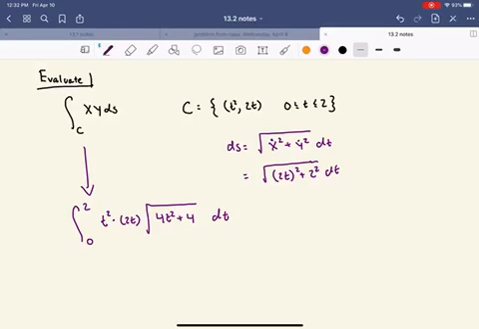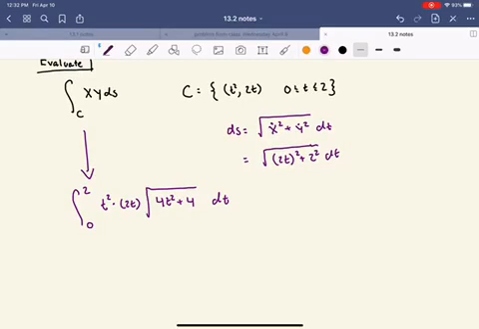We can do a little bit of simplifying here. We have a 2 in front, and we have 4t squared plus 4. So I can factor out a 4 inside the square root, which becomes a 2 outside the square root. That's going to give me 4t cubed times the square root of 1 plus t squared dt.